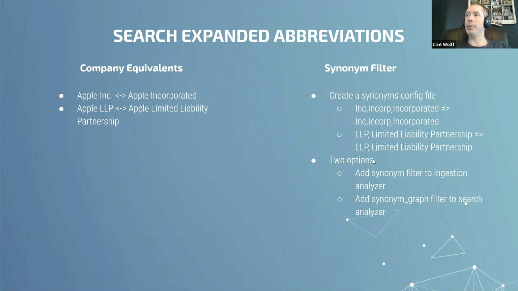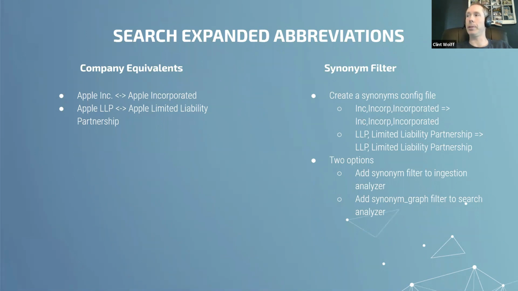There are actually two options for configuring this. You can add the synonym filter to the ingestion analyzer. And that's the example that I just talked through, right? On the ingestion side, if it matches one thing on the left side, it will automatically index the terms on the right side as well. But you can also add the synonym graph filter to the search analyzer.